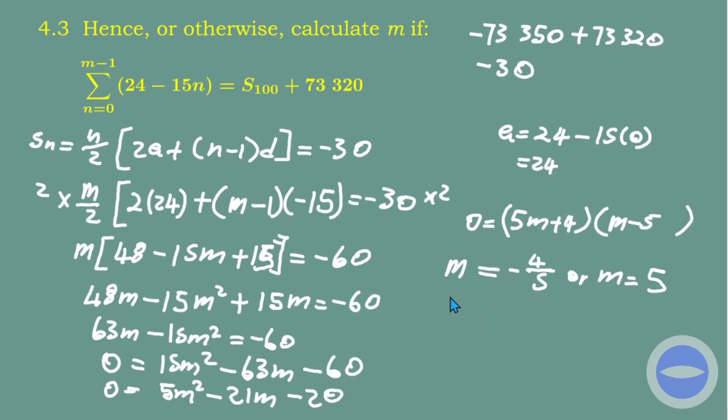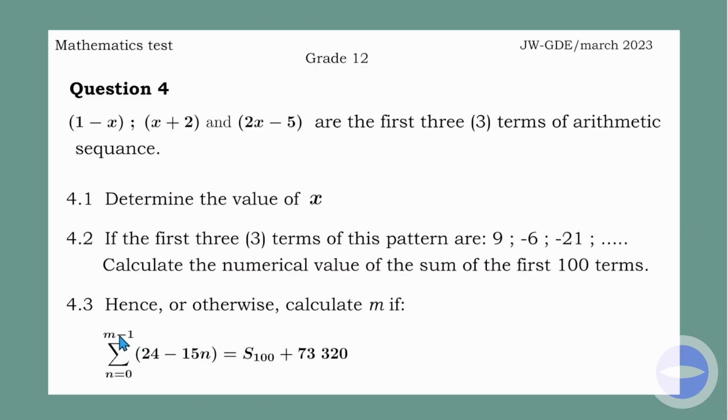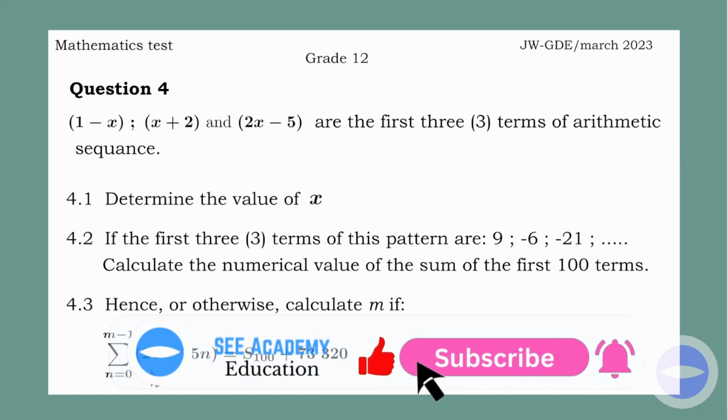So m will not be equal to negative 4 over 5. So that means m equals 5. So this is the value of m. So our m equals 5. So this is the answer to the question. So here m is equal to 5.